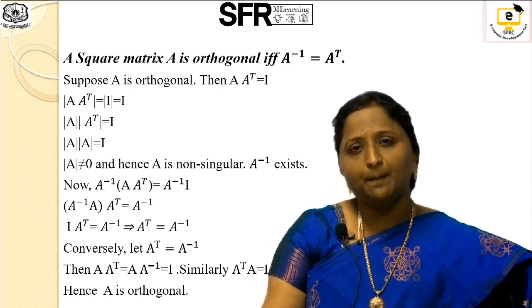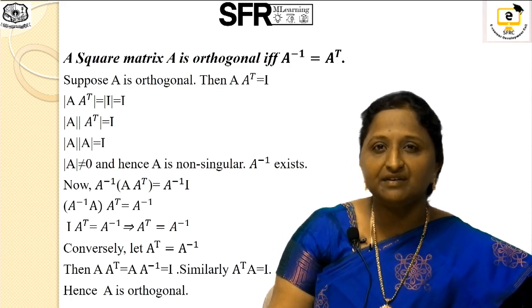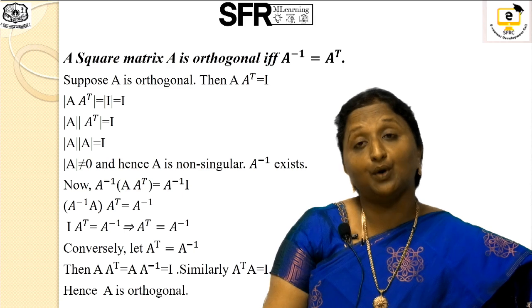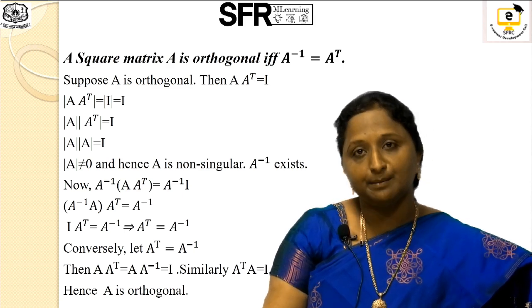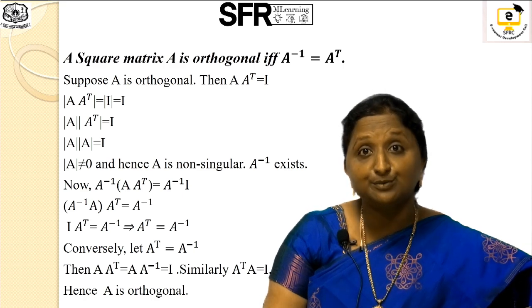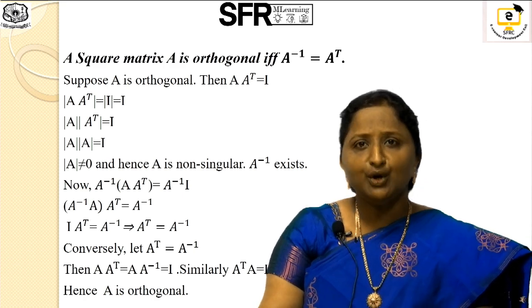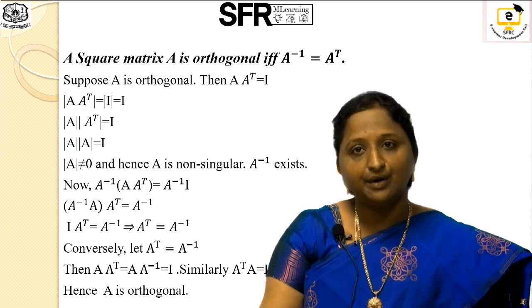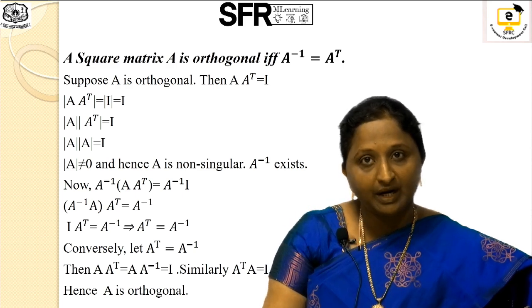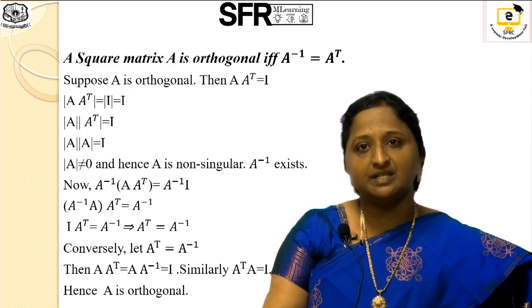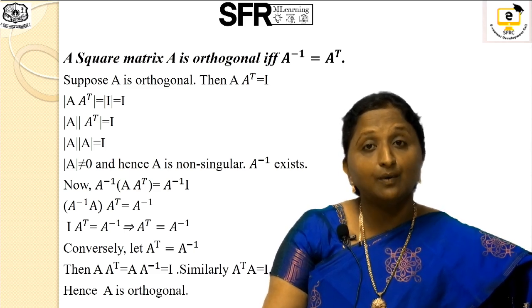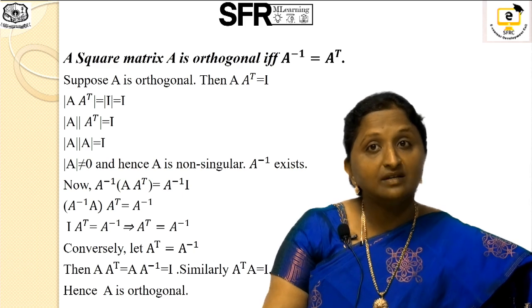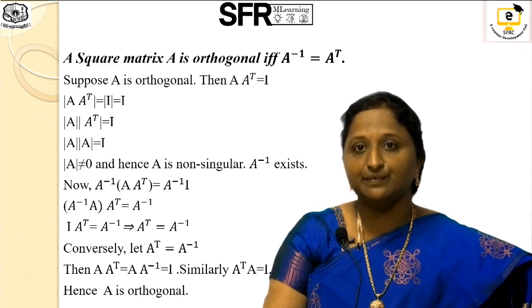We know the property that the determinant of the product of two matrices is the product of the determinants, that is determinant A and determinant of A transpose. Determinant of A transpose is determinant of A. So determinant A into determinant A is 1, that is determinant A is not equal to 0, the matrix is non-singular, therefore A inverse exists.